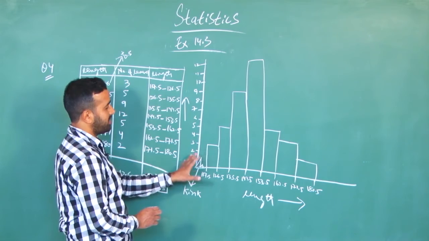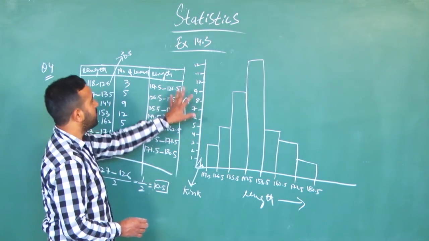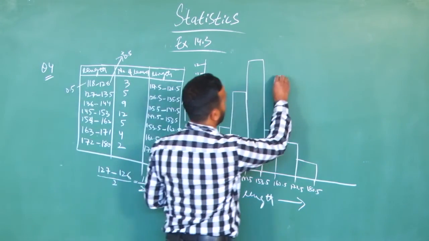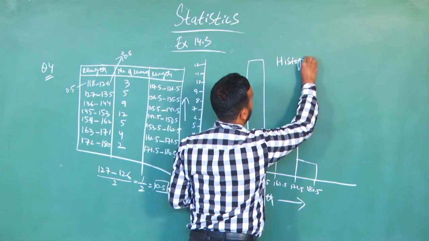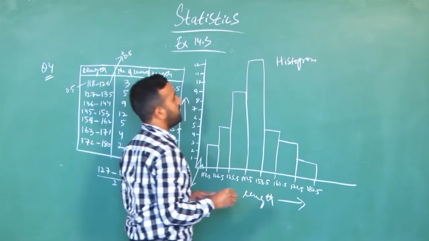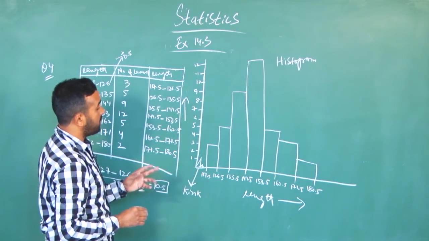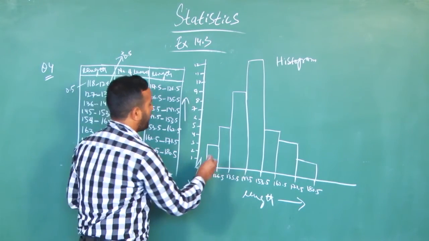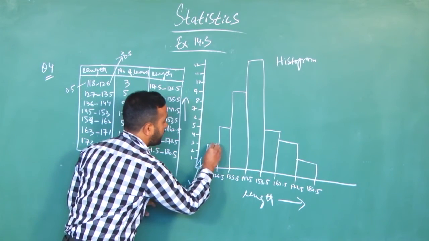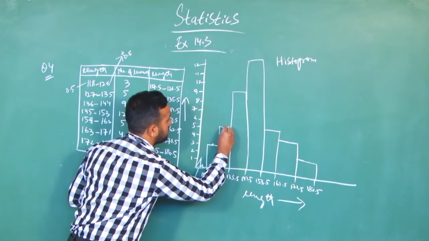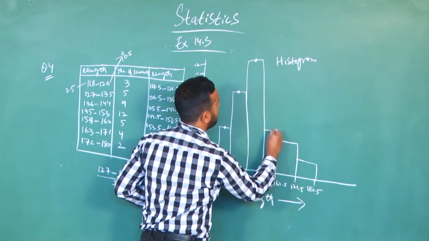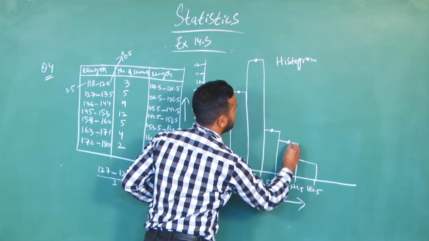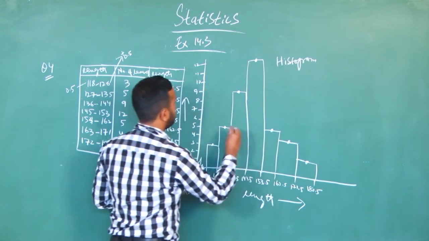If we have to draw the polygon, let us take the idea that this is the histogram now. To draw the polygon out of this, we have to take the midpoint of the tops of these bars of this distribution.